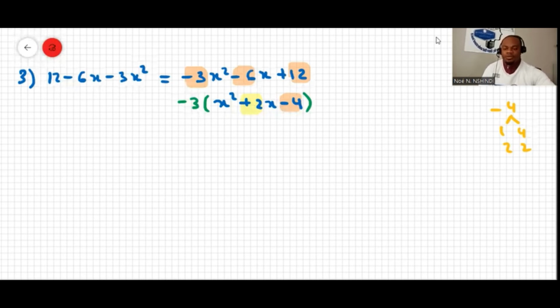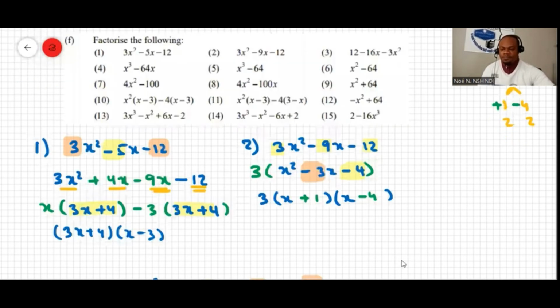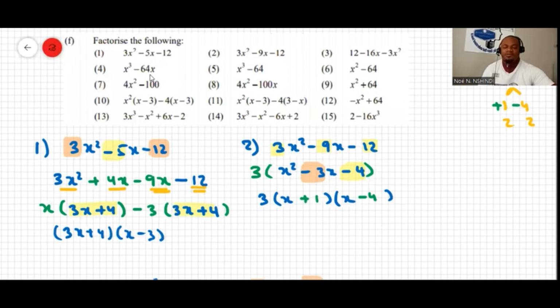Now we're going to do the next question, question 4. We have x cubed minus 64x.